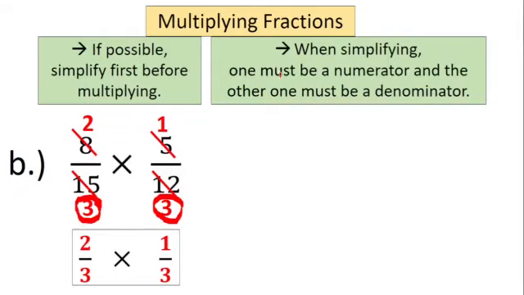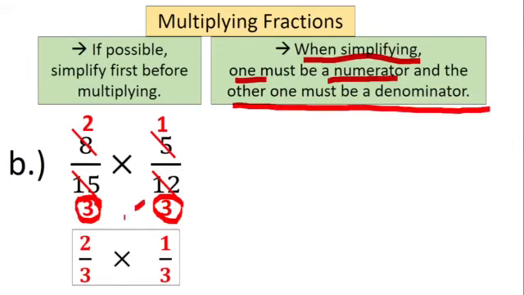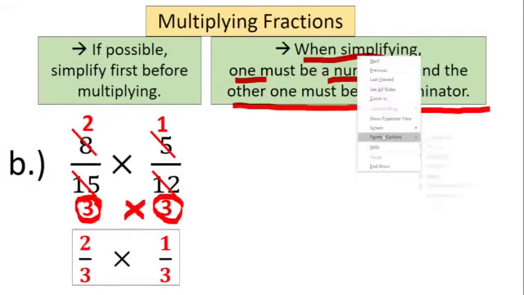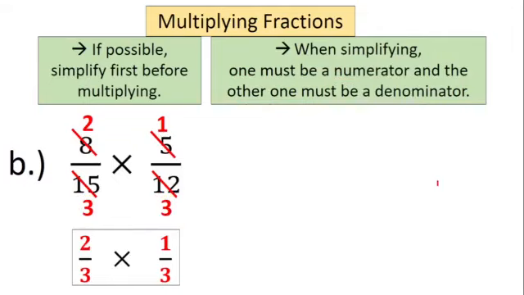Tama ka naman, pero ano bang sabi natin dito? When simplifying, yung isa dapat ay numerator, at yung isa naman ay denominator. That means to say, hindi tayo pwede mag-simplify ng parehong numerator o parehong denominator. E di mag-multiply na tayo, we will get 2/9 as our final answer. That easy.